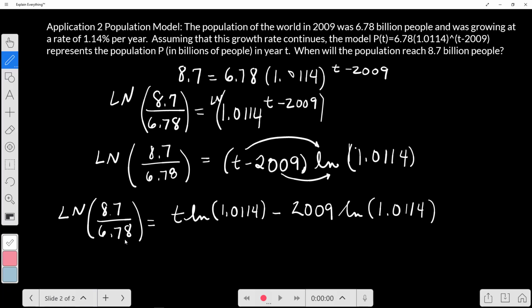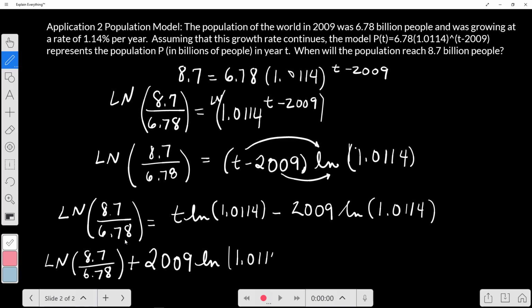So let's add the ln of 8.7 over 6.78 plus the 2009 ln of 1.0114, which equals this leftover business, the t ln of 1.0114.